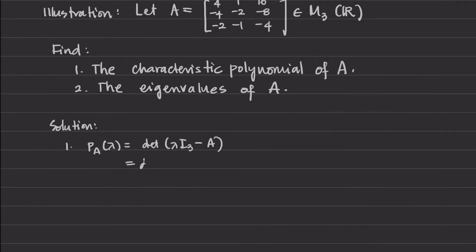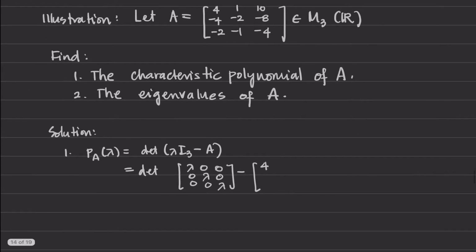which is the determinant of lambda I3, which is lambda, 0, 0, 0, lambda, 0, 0, 0, lambda, minus your A, which is 4, 1, 10, negative 4, negative 2, negative 8, and then negative 2, negative 1, negative 4. Okay.